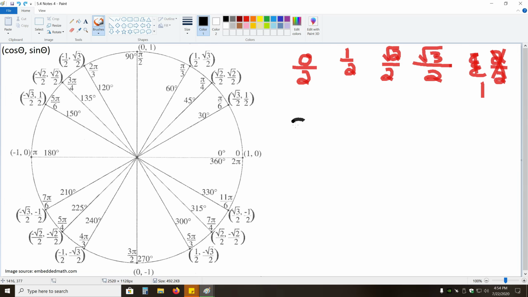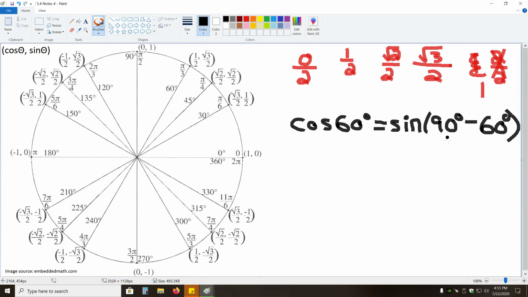If we wanted to find cosine of 60 degrees and all we have memorized is sine, then if we remember our cofunctions, cosine of 60 is the same thing as sine of 90 minus 60, which means cosine of 60 is the same as sine of 30, which is 1/2.